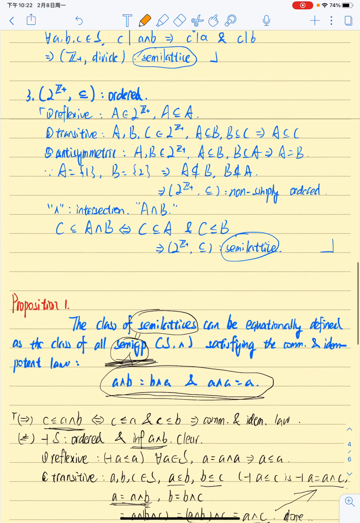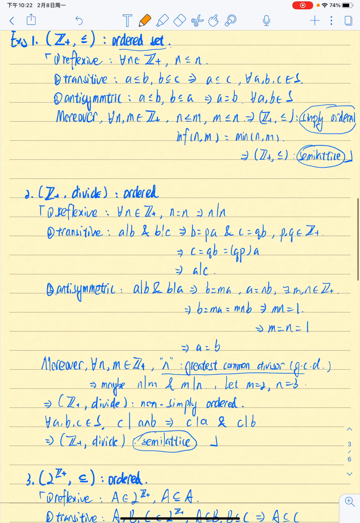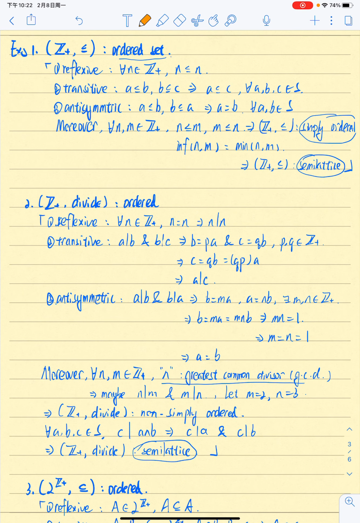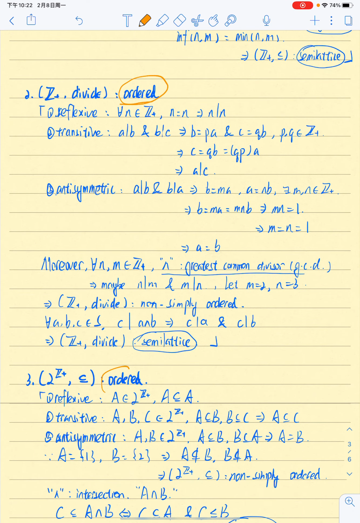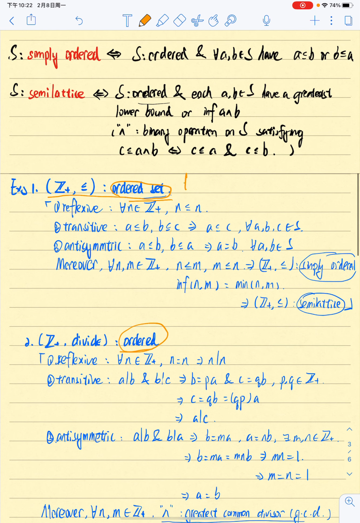Okay, let's see the first 3 examples. We can easily see the first example is a distributive lattice, and the second is also a distributive lattice, and the third one is a distributive lattice.